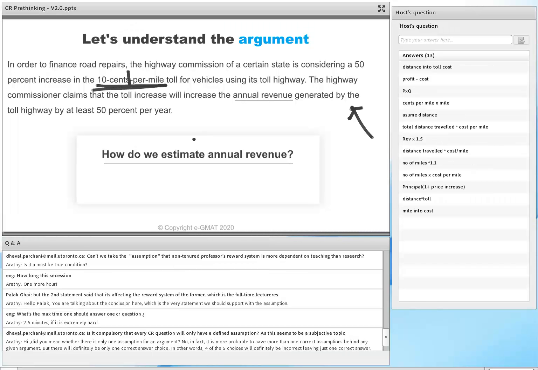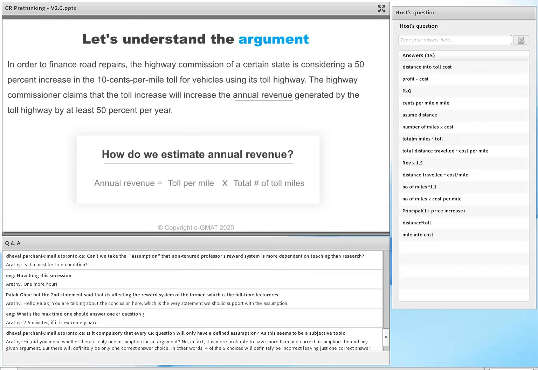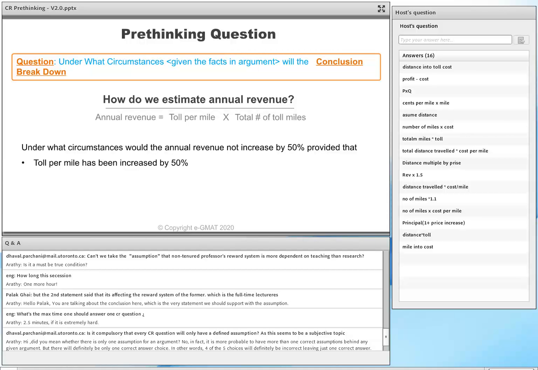So there has to be something on a per mile basis. Why? Because you're given this information. So the annual revenue is toll per mile multiplied by the total number of toll miles. Don't overcomplicate it with 1 plus price increase or stuff such as that. It's miles multiplied by how much I'm paying per mile. That's basically it.